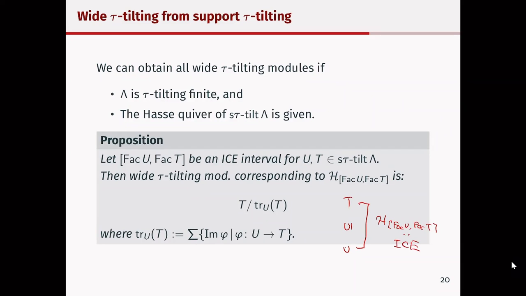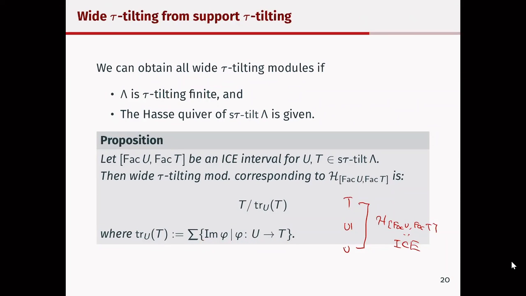Then the wide tau-tilting module corresponding to this ICE closed subcategory is T over trace_U of T, where trace_U of T is the sum of all images from all possible maps from U to T.